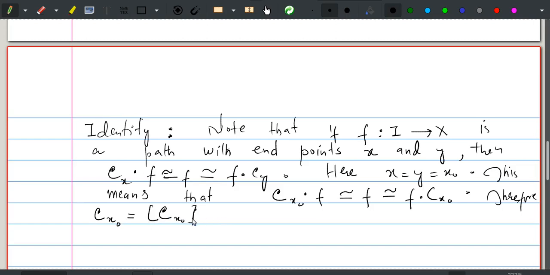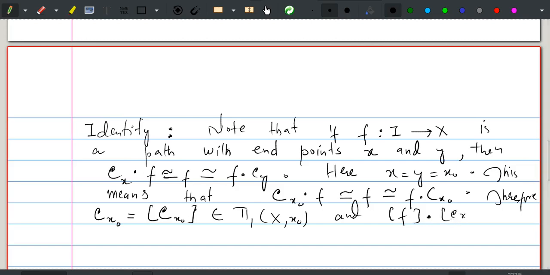One can observe that if we take this homotopy class and take its product with the class of cx naught, this is the same as the homotopy class of f, which is the same as the homotopy class of cx naught multiplied with f.